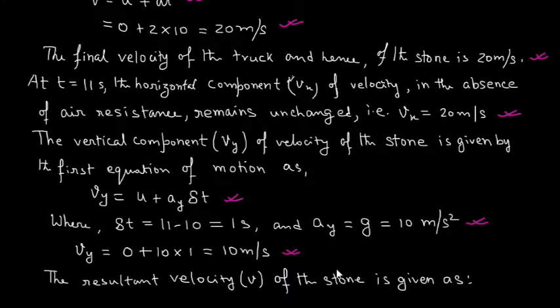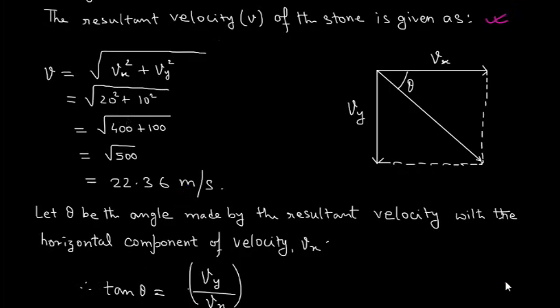The resultant velocity of the stone is given by, so we know the resultant velocity v is equal to root of vx square plus vy square.